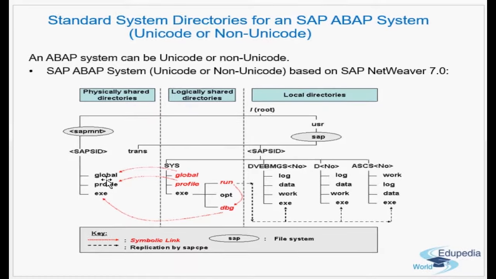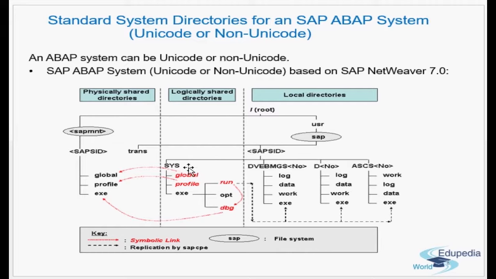Okay, so this /usr/sap/trans is used for the TMS, the transport management system, and we have /usr/sap/SID. In this we have the sys, and we have one directory for each of the instances. This is the one which is logically shared.